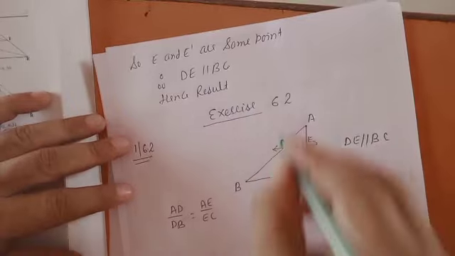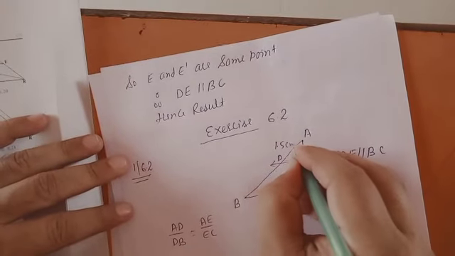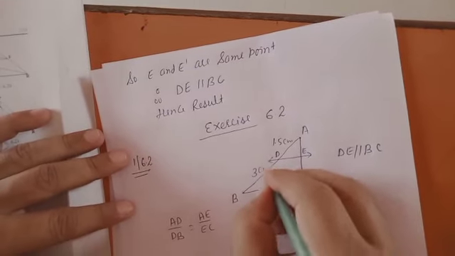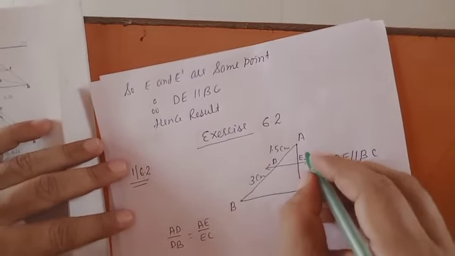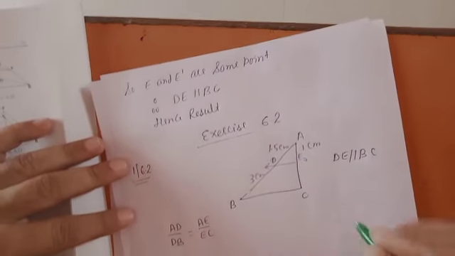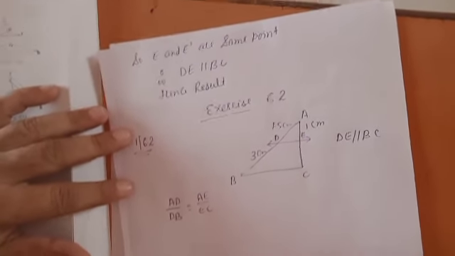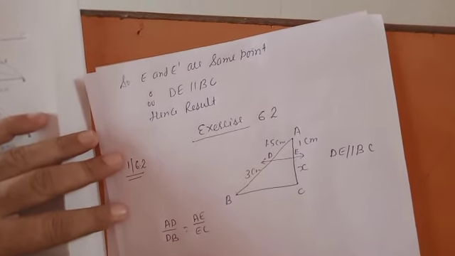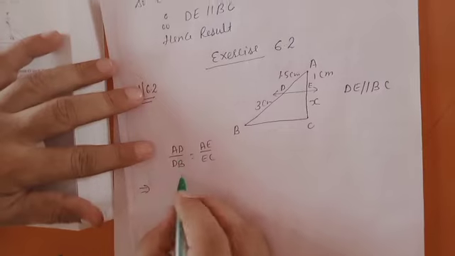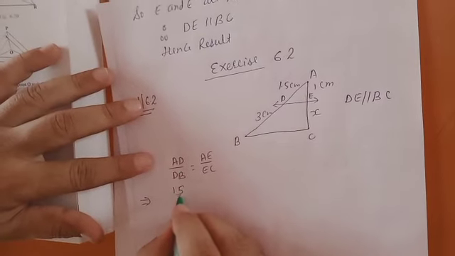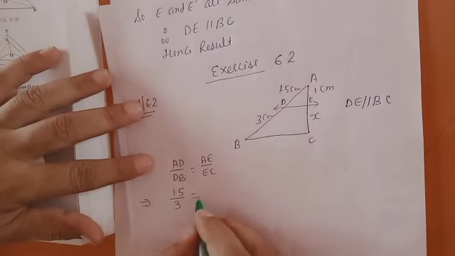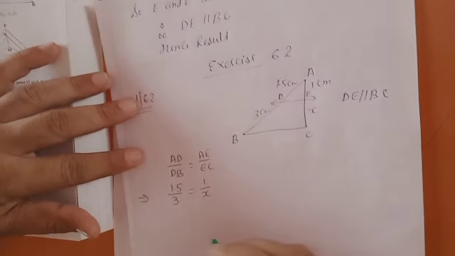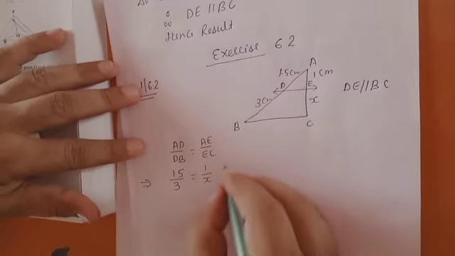But AD is given how much? 1.5 centimeter. DB is 3 centimeter given. And AE how much is given? 1 centimeter. And EC you have to find out. Let it be x. Therefore AD is 1.5, DB 3 centimeter, AE 1 centimeter, and this is x. Understood?